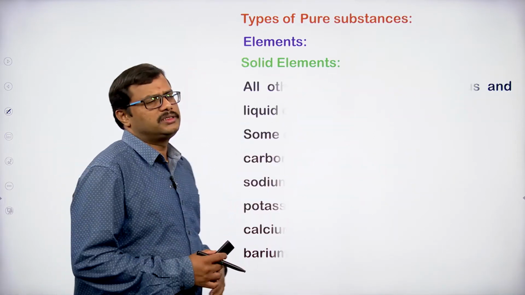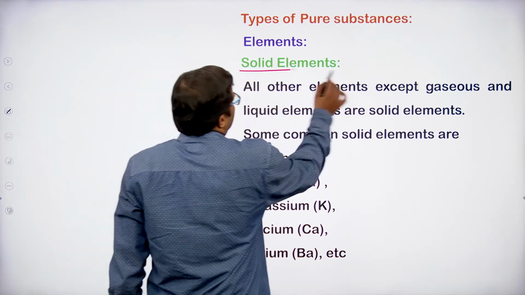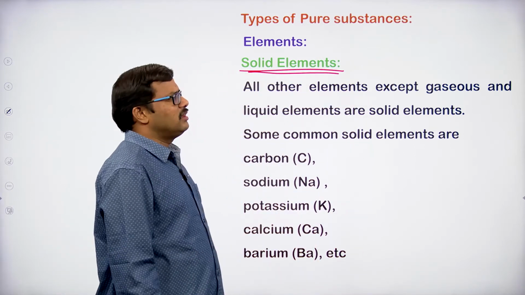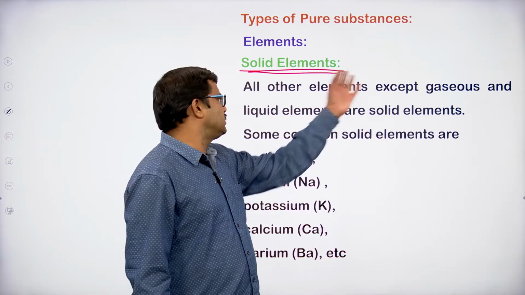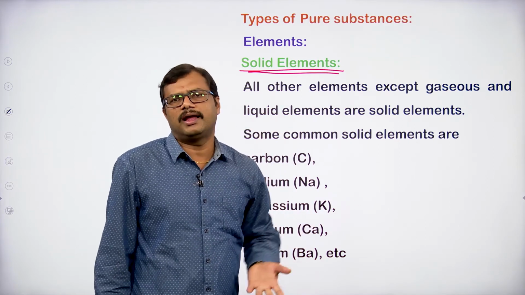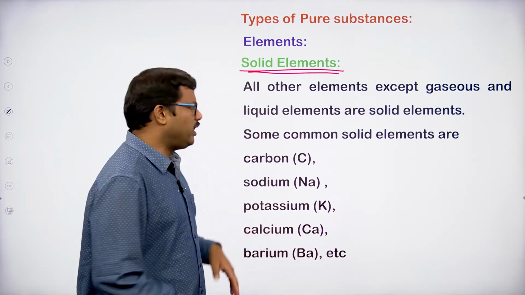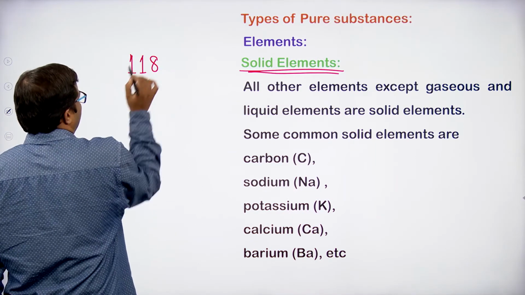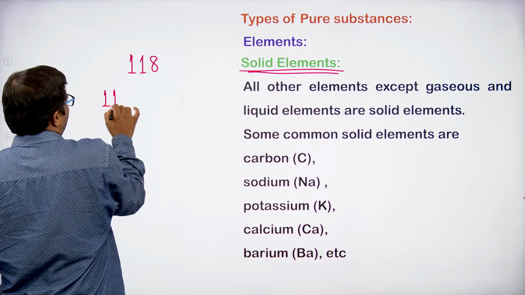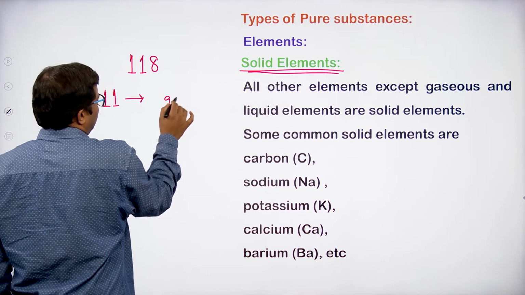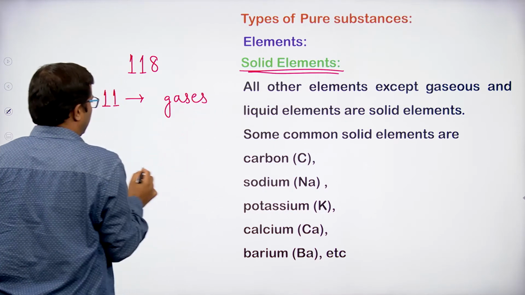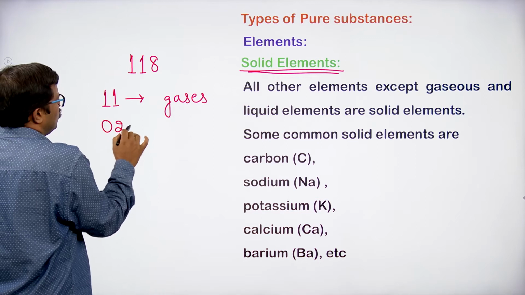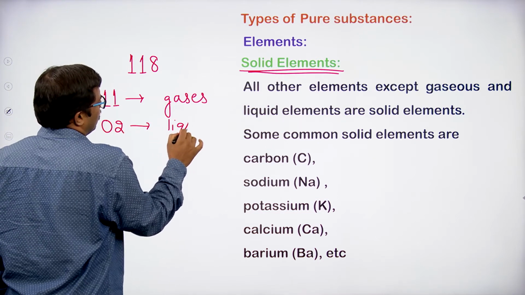What about the solids then? The elements other than the gases and the liquids can be considered as solids. We have 118 elements. Among them, 11 elements are gases, and just now we have seen 2 elements are liquids.